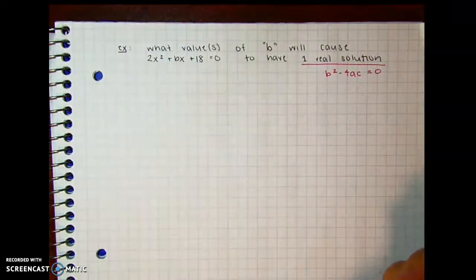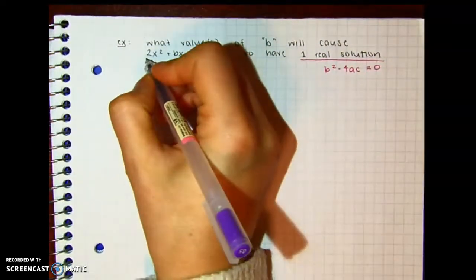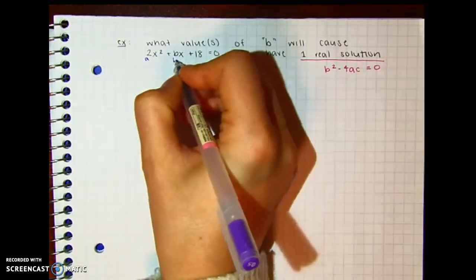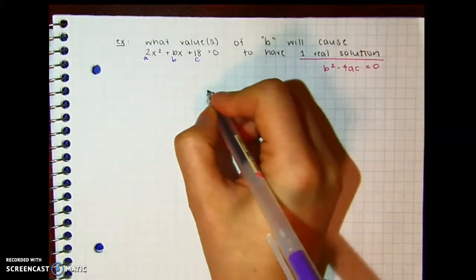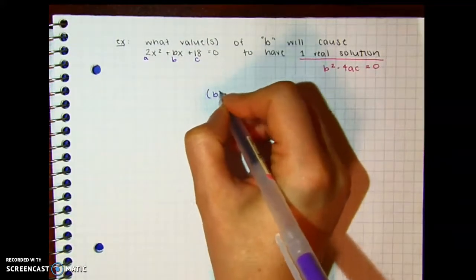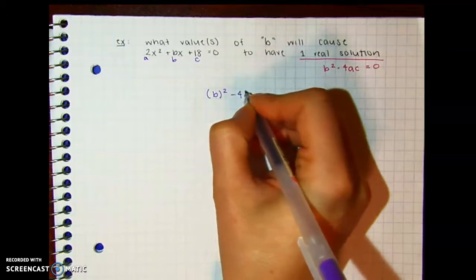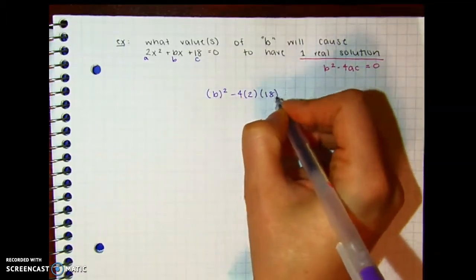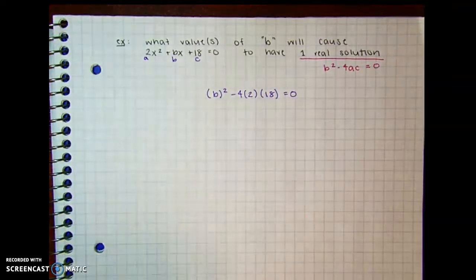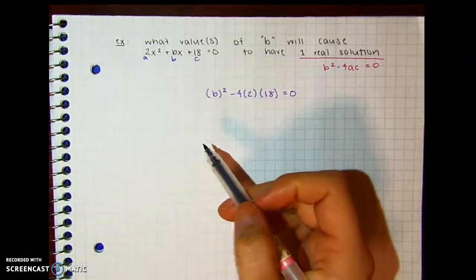And then you substitute in your parts. Here's our a, our b, and our c. So we set up the equation b squared minus 4 times a times c equals 0, and we're just going to solve algebraically for b.